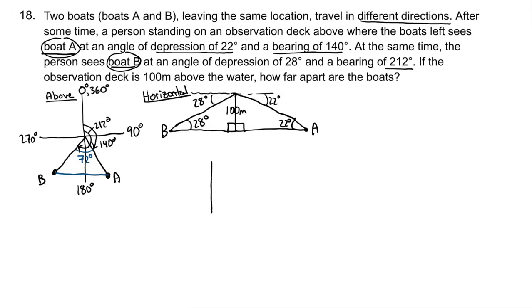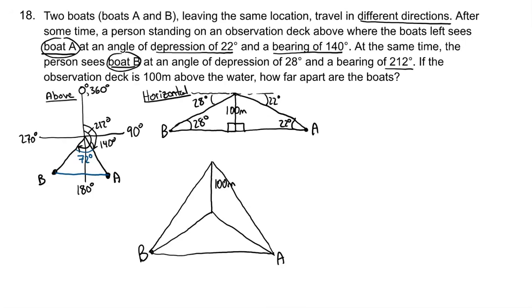Here is the 100 meters, and then we have an angle down to boat B, and then an angle down to boat A, and we're trying to find the distance between boats B and A, straight across from B to A. Now recognizing that these are the two vertical triangles, I'm going to label this C down here and D up there.